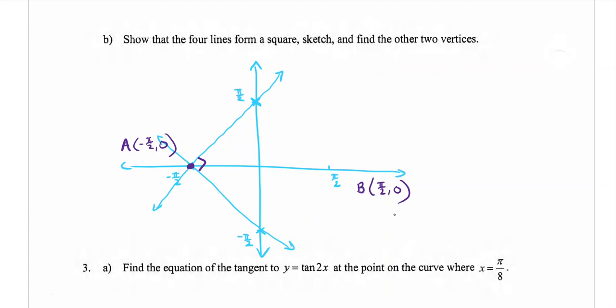The positive pi on 2 up here is my intercept again, and a negative 1 gradient means going through there. So this is the tangent, and the normal was x minus pi on 2, so minus pi on 2 is the y-intercept, with a positive 1 gradient. Here we go, we're closing in the square.